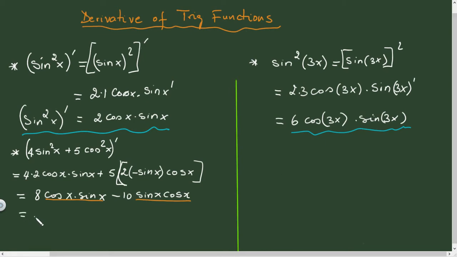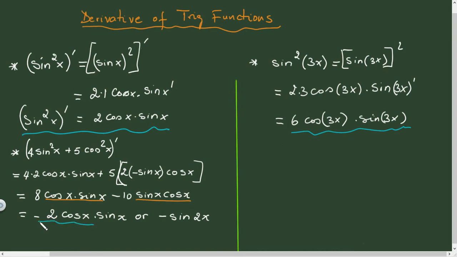That's going to give us minus 2 cosine of x times sine of x, or you could even say this is equal to minus sine of 2x. This is our final result.